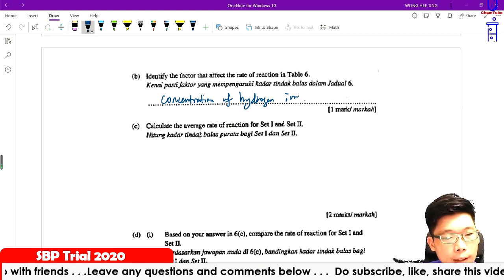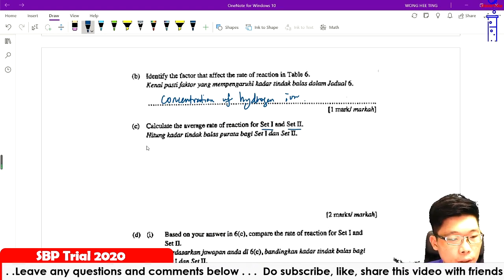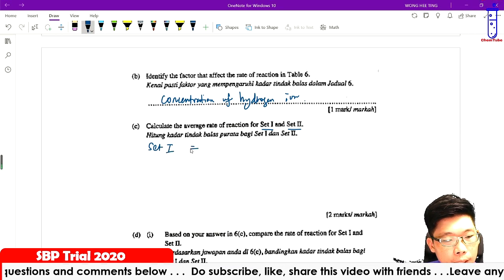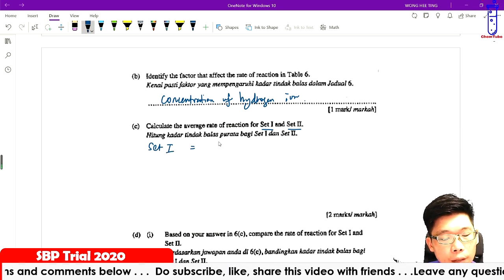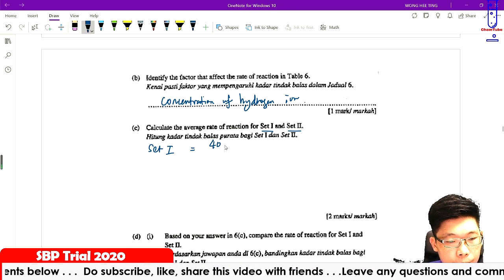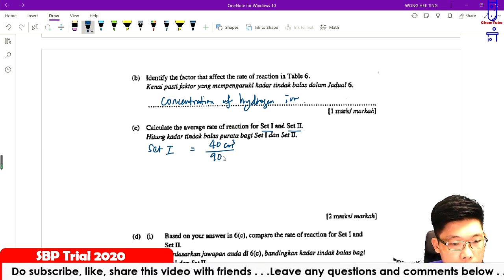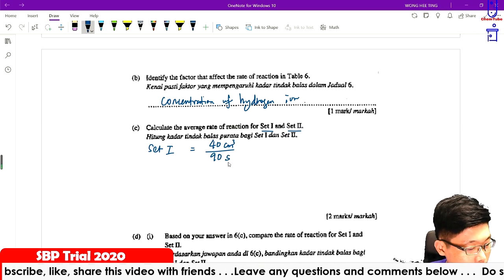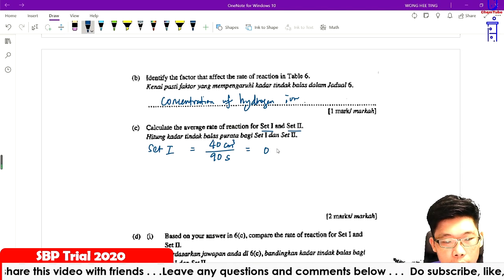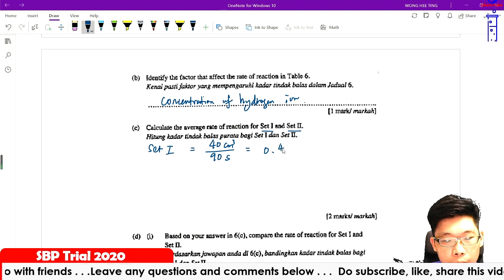Calculate the average rate of reaction for set 1 and set 2. So we calculate set by set. Set 1, the rate of reaction is the volume over the time. Volume is 40 cubic centimeter, over the time is 90 seconds. So use your calculator, you get 0.44.